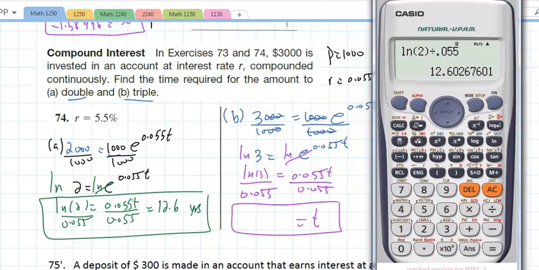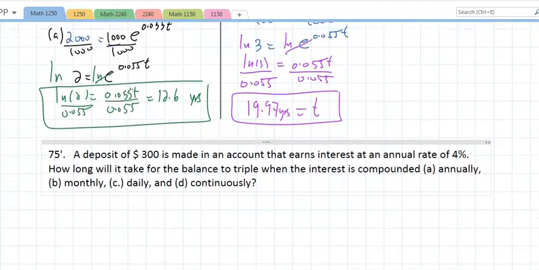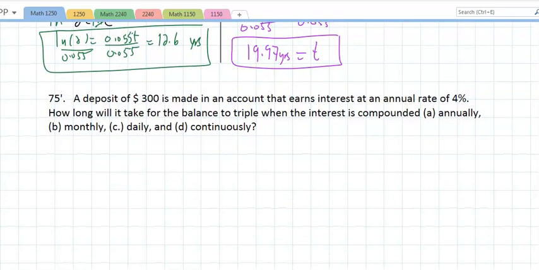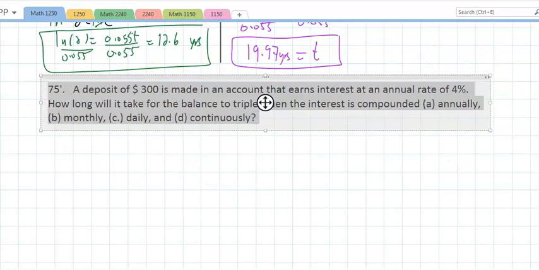All what I have to do is go back and replace that by 19.97 years. 19.97 years. 2 decimals will do the trick. I have 2 more examples to go. I made a problem like 75 because there's nothing like it, and I want to make sure that you see it. It's an important application.